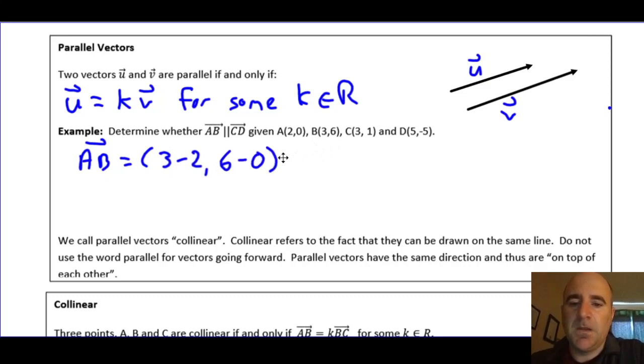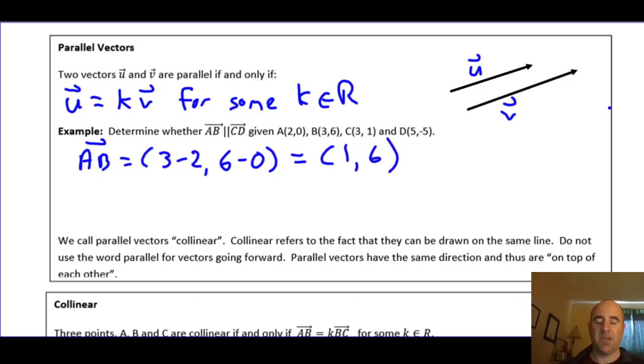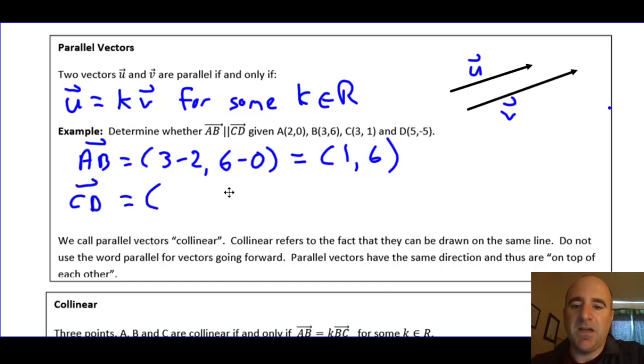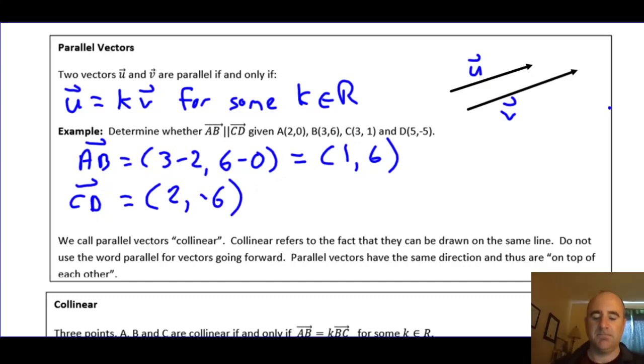So AB is really the vector (1, 6). And then we do the same thing for vector CD. Take the D coordinates and subtract the C coordinates. So that would be 5 minus 3 is 2, and negative 5 minus 1 is negative 6.